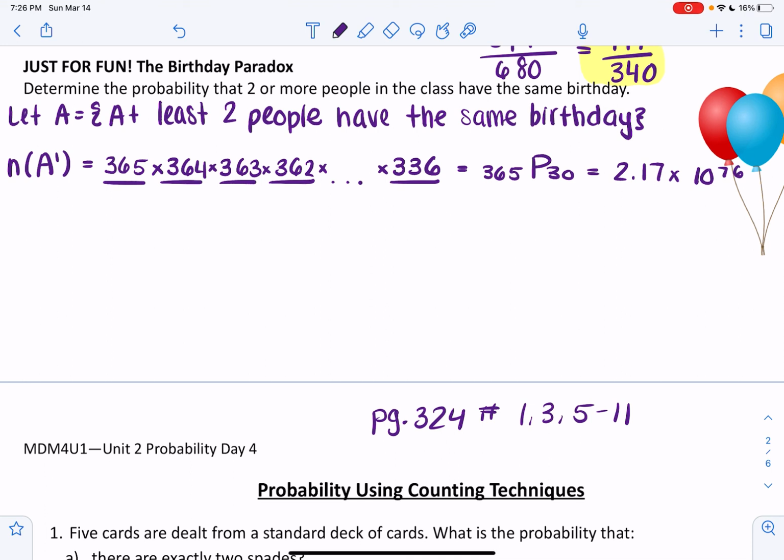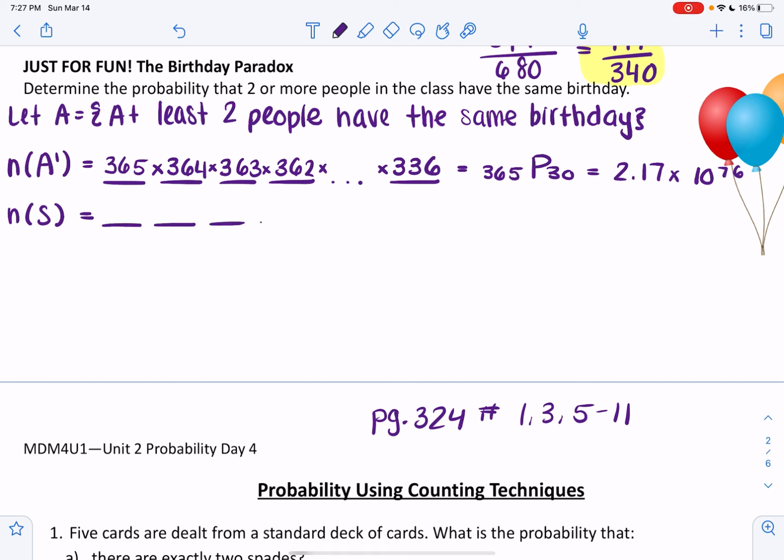So it's a giant number, which makes sense. There's lots of ways to assign birthdays to 30 people. But that is the number of ways where everybody has totally different birthdays, no overlap. Now for our total outcomes, or the number of elements in our sample space, everybody could have whatever birthday they want, no restrictions.